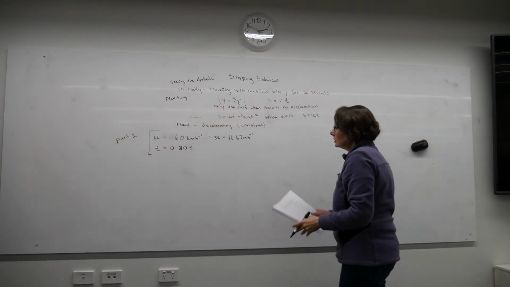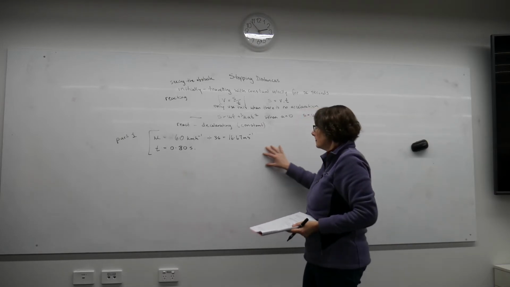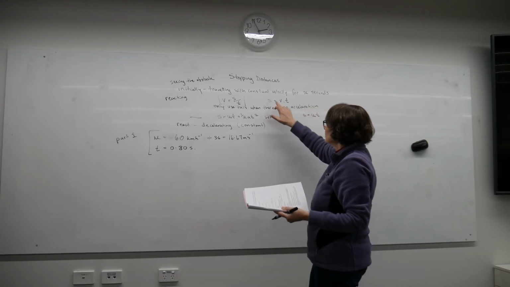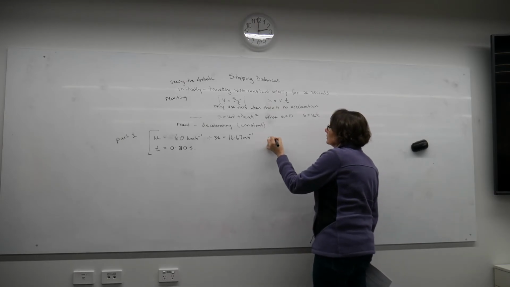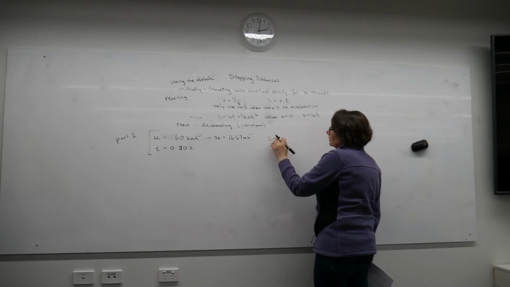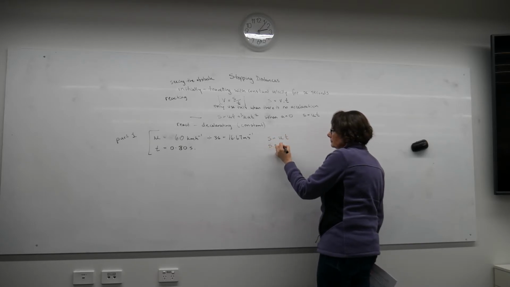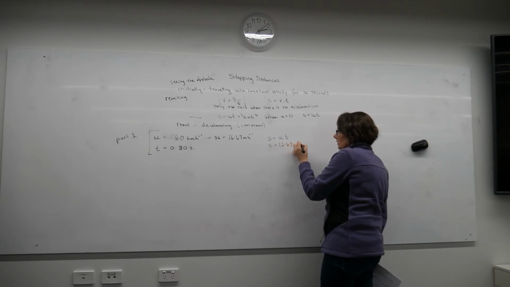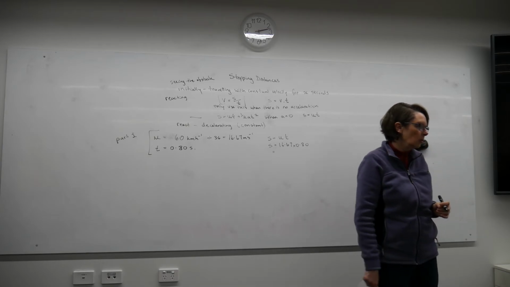We're travelling at 16.67 metres a second for 0.8 of a second, the time it takes to actually react. So we're going to calculate how far the truck went. How far did the truck travel in that 0.8 of a second?